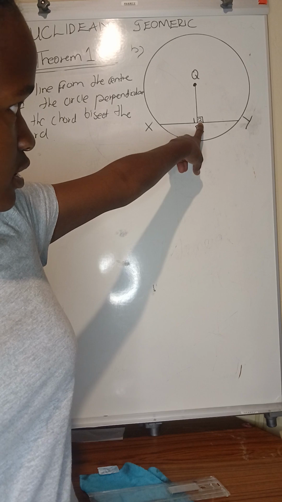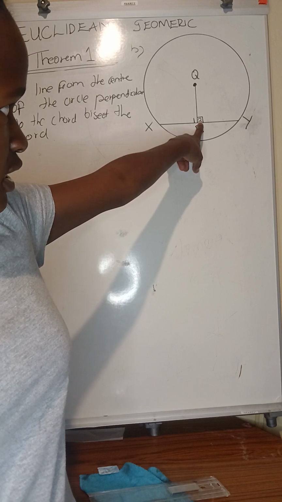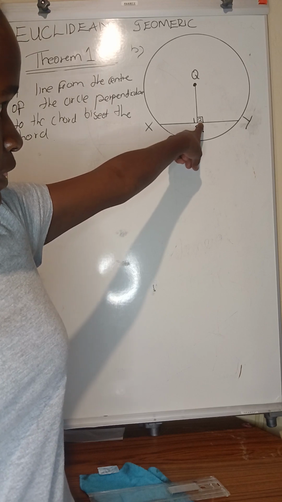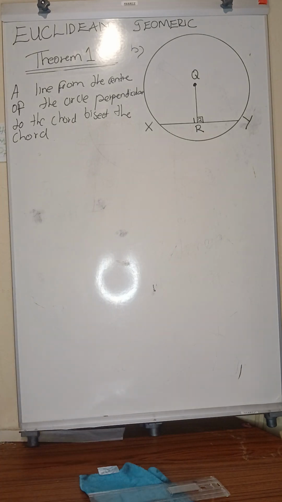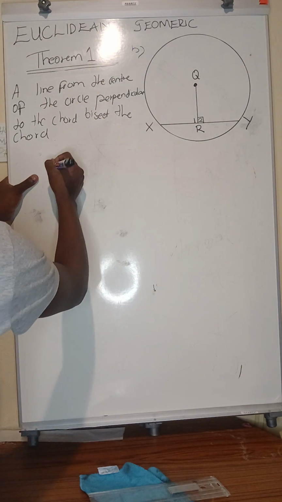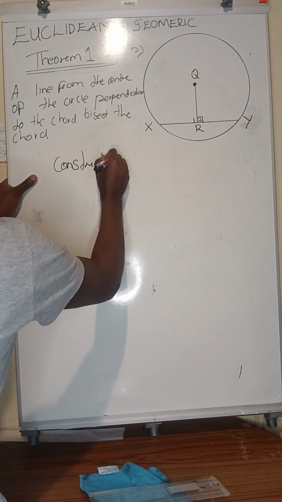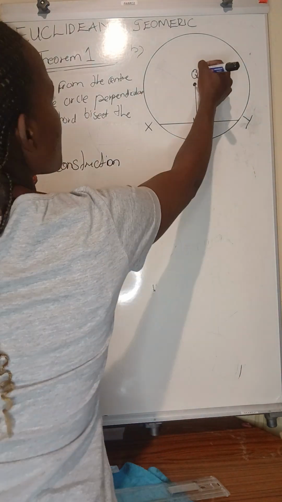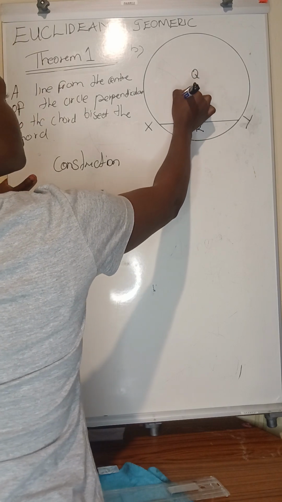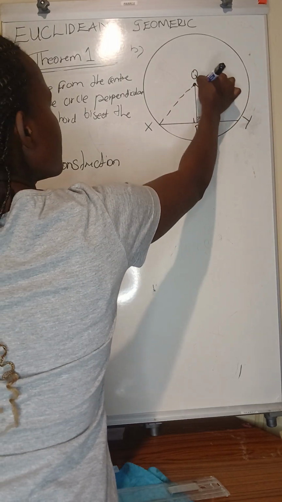This one already tells you that there is a 90 degrees there. By only seeing it, you can already see that that is a 90 degree. So how do you prove this one? The first thing, the same as that one: you do the construction. You write construction. Also, for the construction, you join QX and QY.